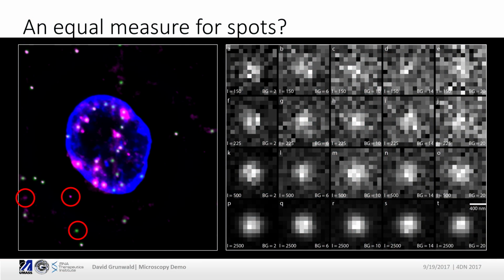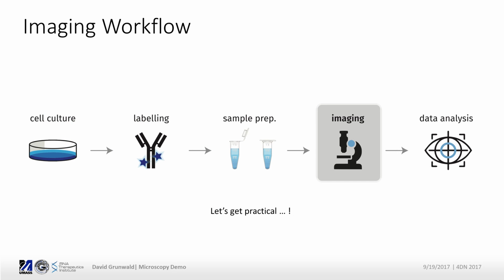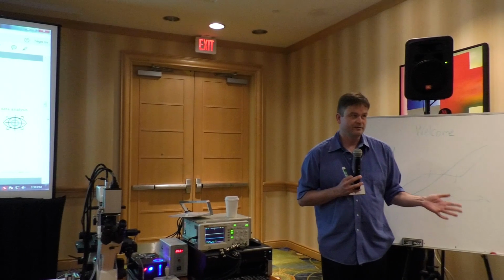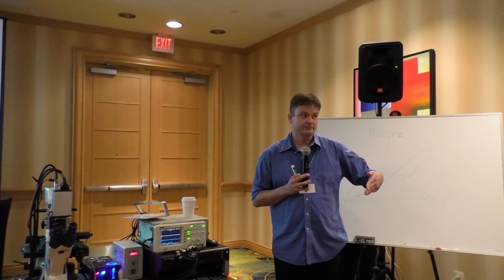Which should bring me towards the end of my introduction. One thing we've had to realize over the discussion: last year we sat down and said, okay, let's get a common sample. Jan Ellenberg provided us nicely with nucleoporins stained with this super bright, super good staining method that can resolve individual spikes.